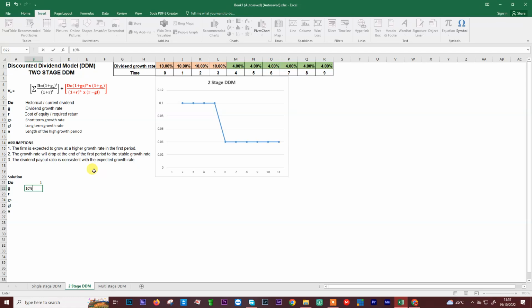So this is S1, stage 1. You put Control B. And then required return, which you've been given, is 12%. It's direct there.